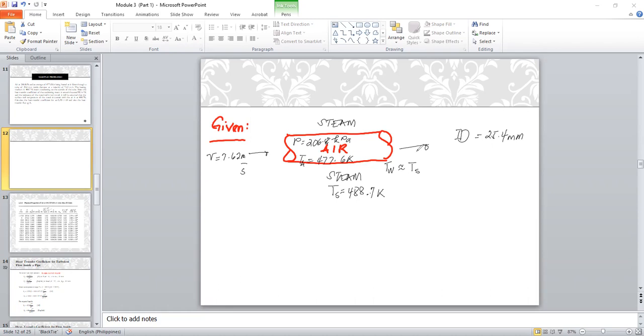How many given information? 1, 2, 3, 4, 5. So that's 5. And we are required to determine the following.